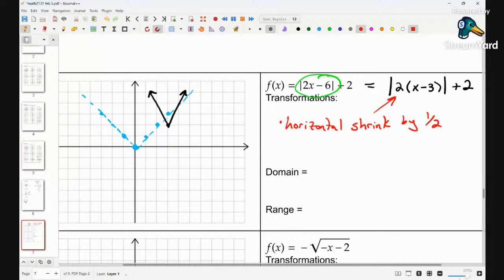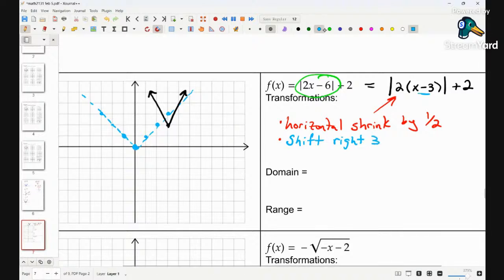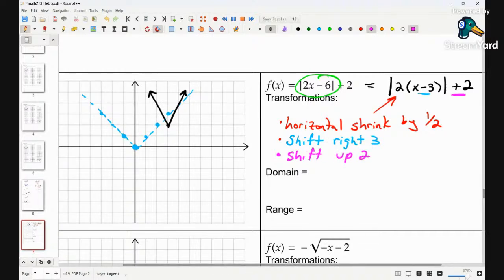Let's make it positive. -3 on the inside. Right. What about right 3? Shift right 3. What about +2 on the outside? Shift up 2. As we can literally see happen too.